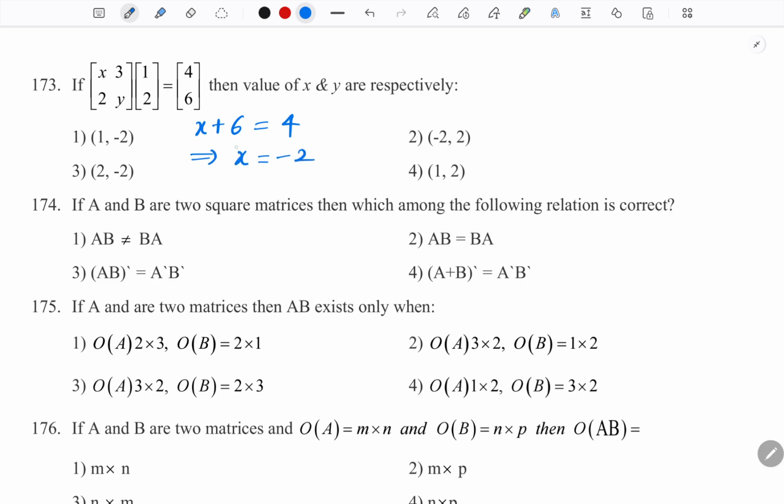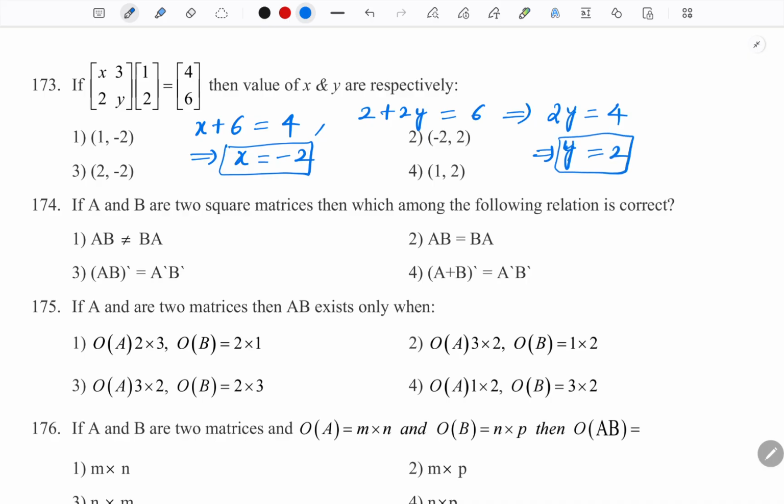X value ready. Next one, 2 plus 2y is equal to 6. Then 2y equal to 4. From this one y equal to 2, right? So finally x and y values are respectively minus 2 comma 2. So which one is the correct option here? It is option number 2.